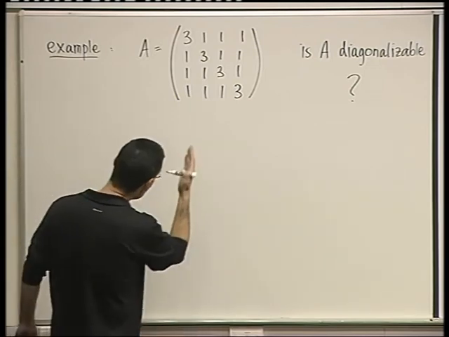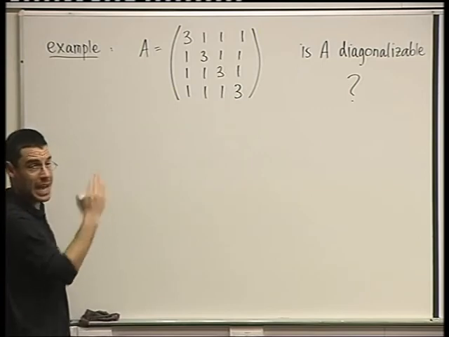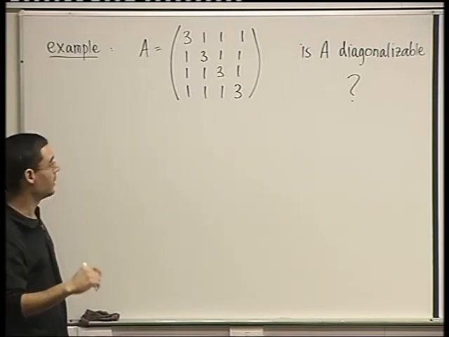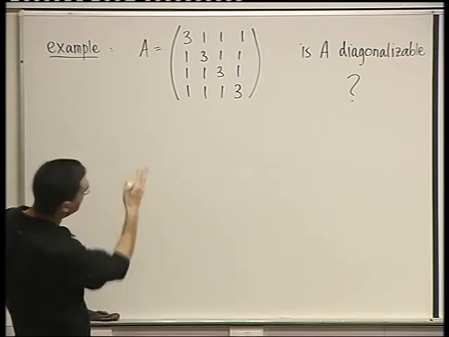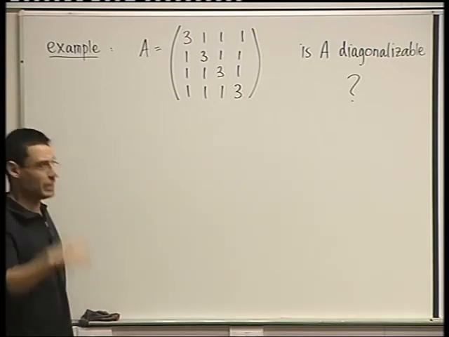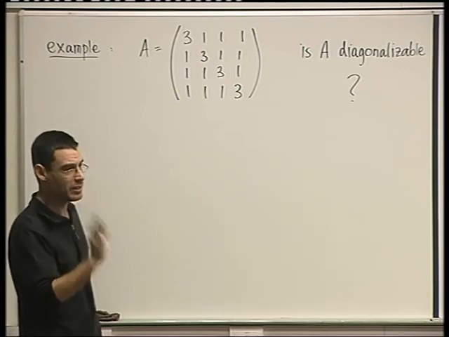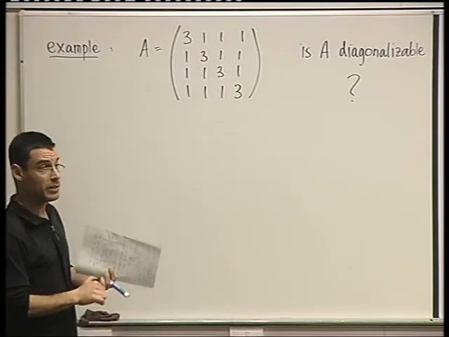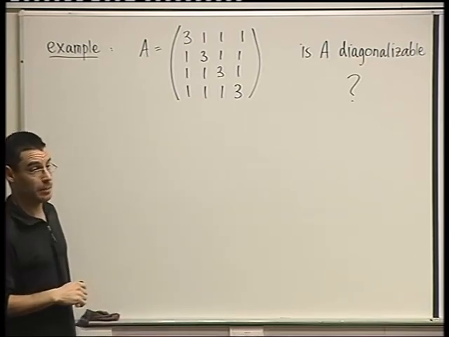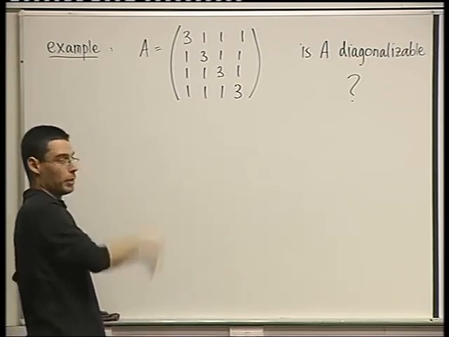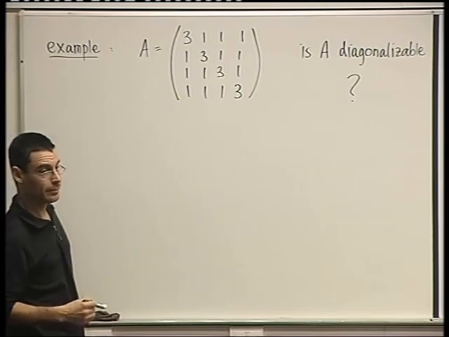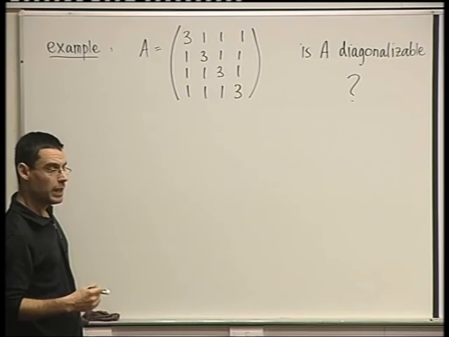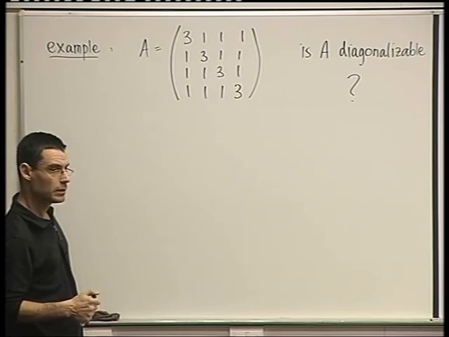So can you guess an eigenvalue? A wise guess, don't just throw out a number. Wise means based on theorems, for example, theorems that were on the board in this lesson.